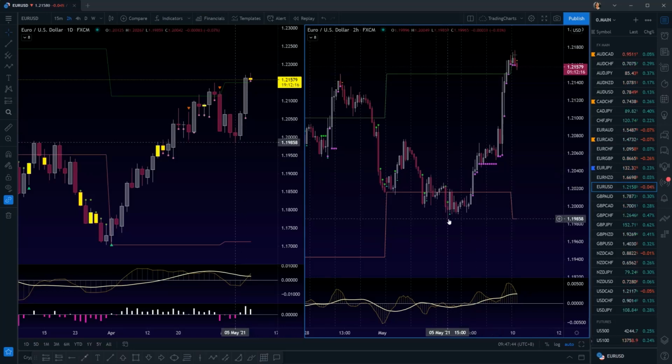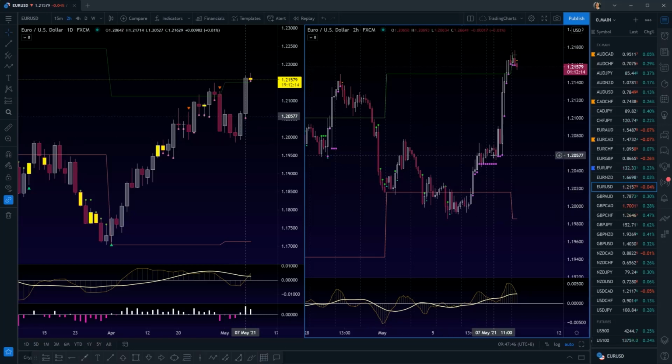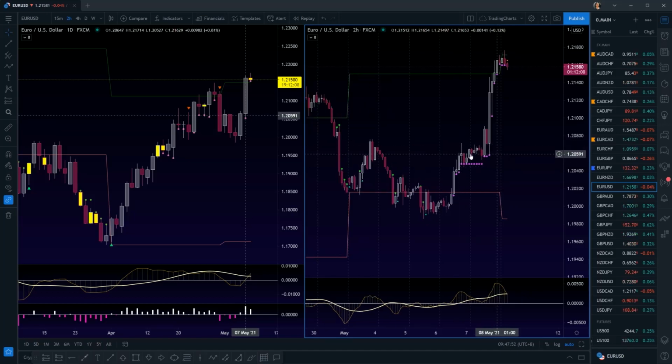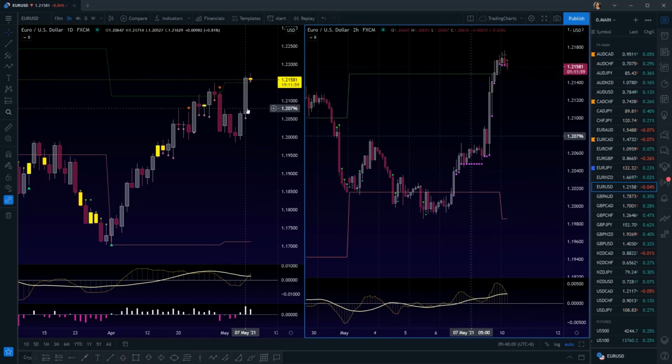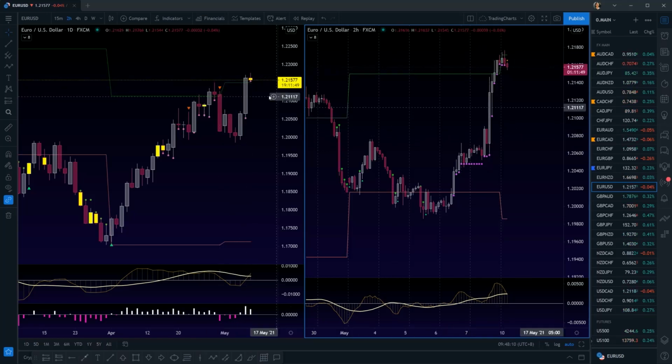Euro dollar. Wow, okay, so we didn't have a nice pullback. There was just this flat consolidation here, not enough of a pullback for me to enter a trade, but now it's gone up here. This is a wide range, so I'm gonna note down: on previous wide ranging bars, we can expect some consolidation or a continuous push up.